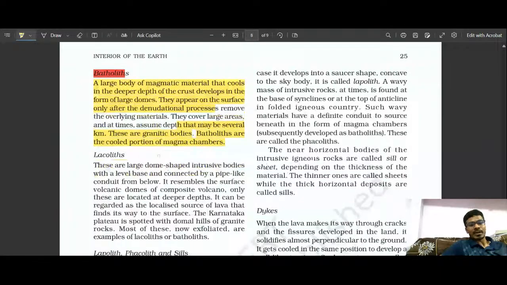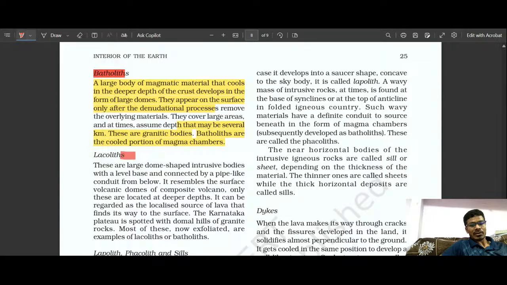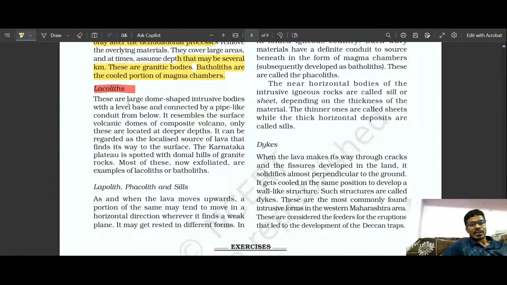Another form we have is the laccolith. These are large dome-shaped intrusive bodies with a level base, because from deep it is a base level, and connected by a pipe-like structure, a conduit, from below.